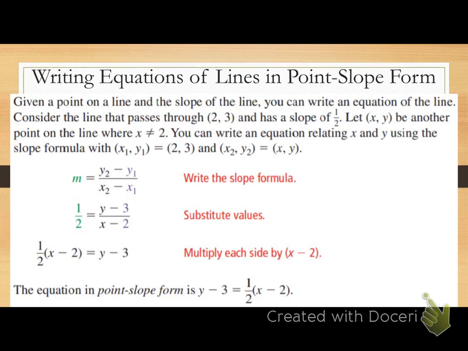If you multiply both sides by x minus 2, it's going to cancel out over here. And then I have 1/2 times x minus 2. So the equation in point-slope form is y minus 3 equals 1/2 times x minus 2. So that's actually point-slope form.